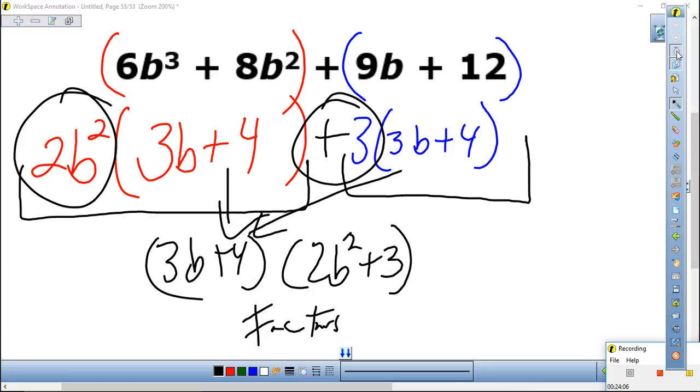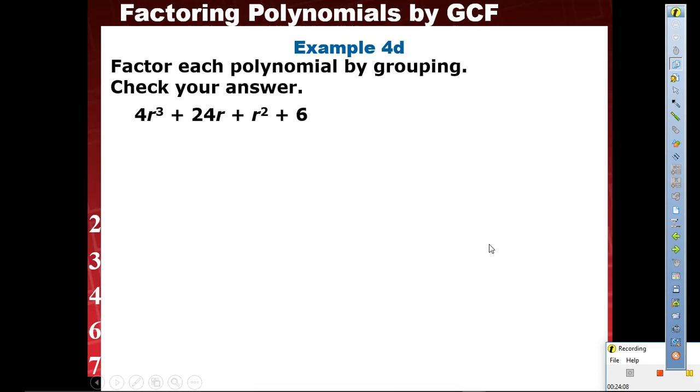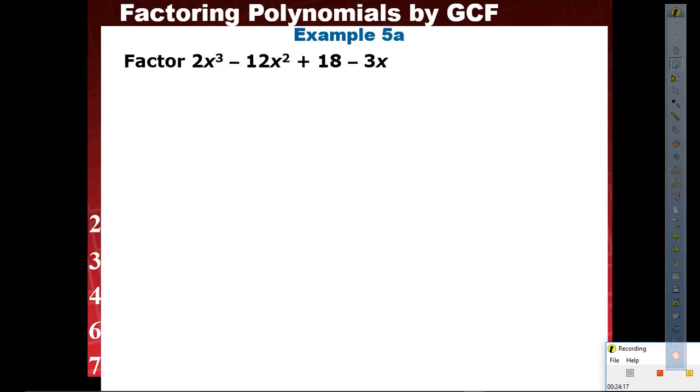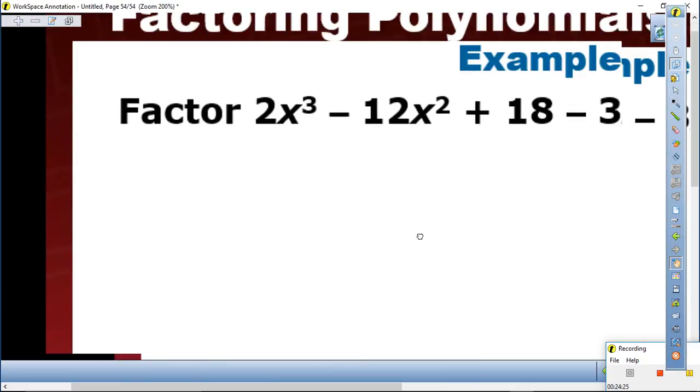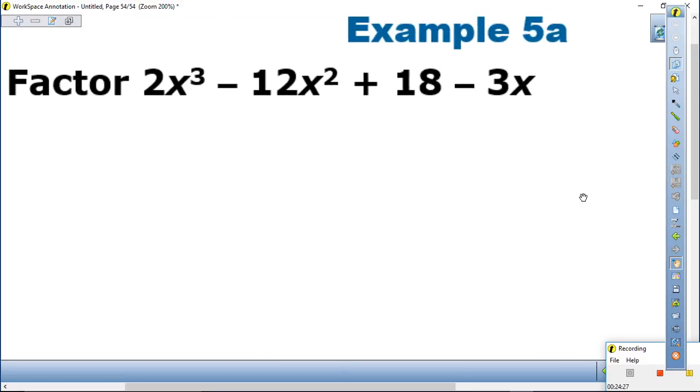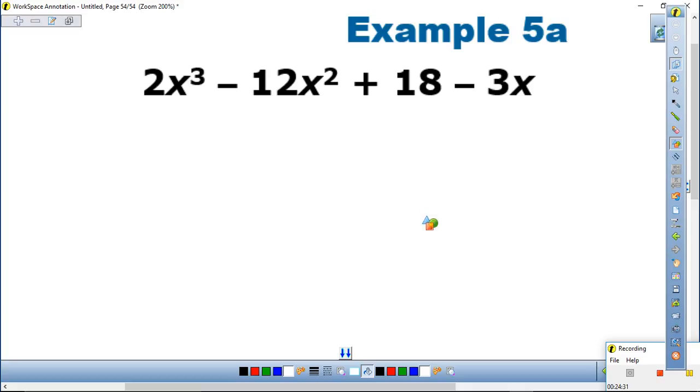Very good question, Matthew. What if it's not in standard form? Copy this one. 2x cubed minus 12x squared plus 18 minus 3x.